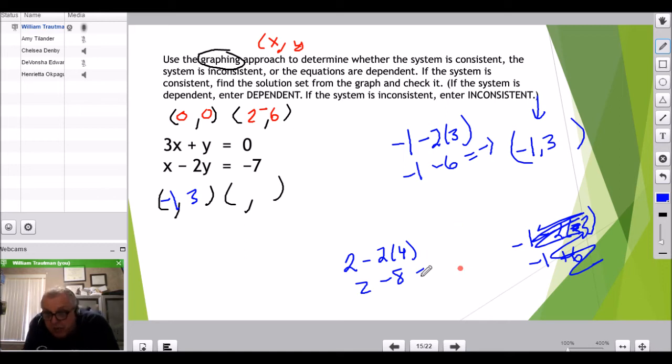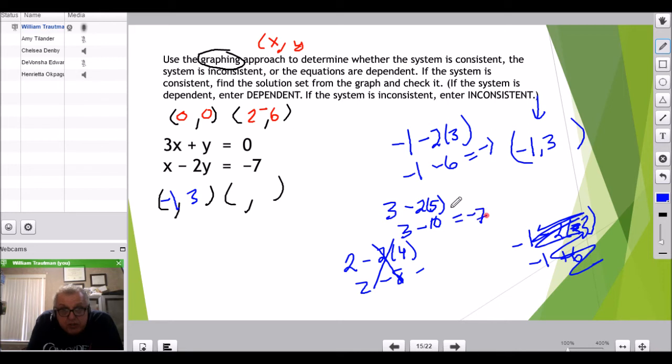Oh, 3 and 5 worked. Henrietta's second one, she put a 3 into x and a 5 into the y. -2 times 5 is -10. 3 minus 10 is a -7. So experiment. Put a number into the x or the y, and then find your answer.